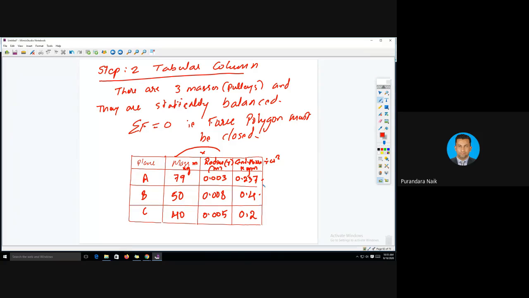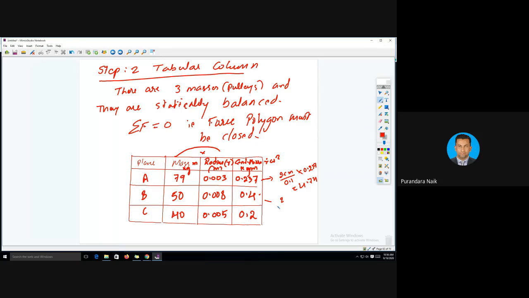What answer do you get? Look at the length. 2 centimeter divided by 0.1 into 0.237, what is the answer? What did you get? 4.74 for the first one. Look at the second one, what did you get?